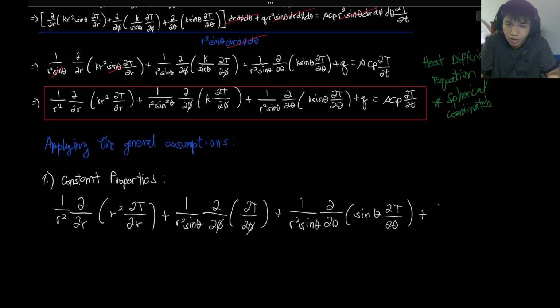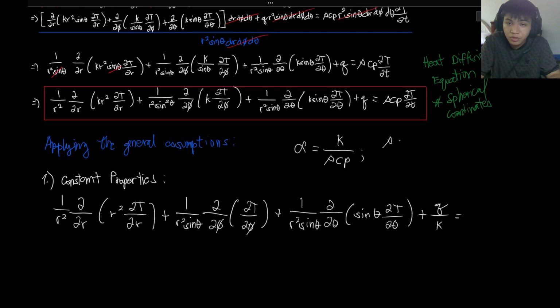So, we have q over k. And that is equal to rho Cp over k. So, our formula for thermal diffusivity, alpha, would be k over rho Cp.